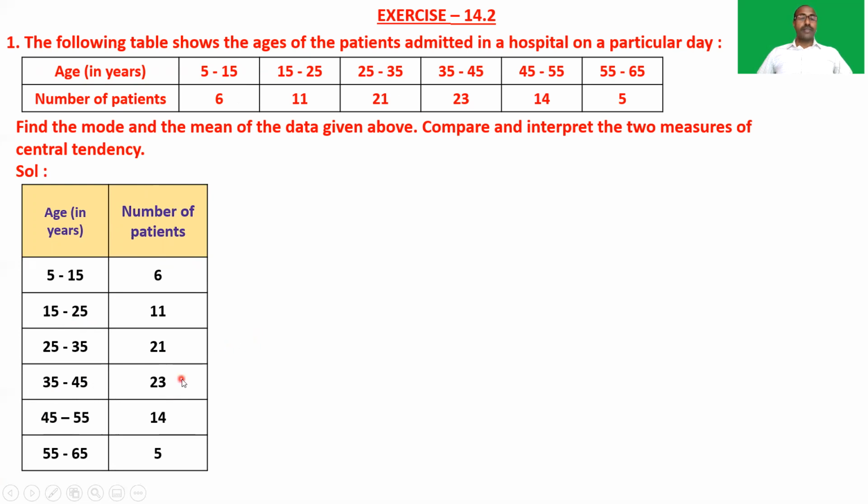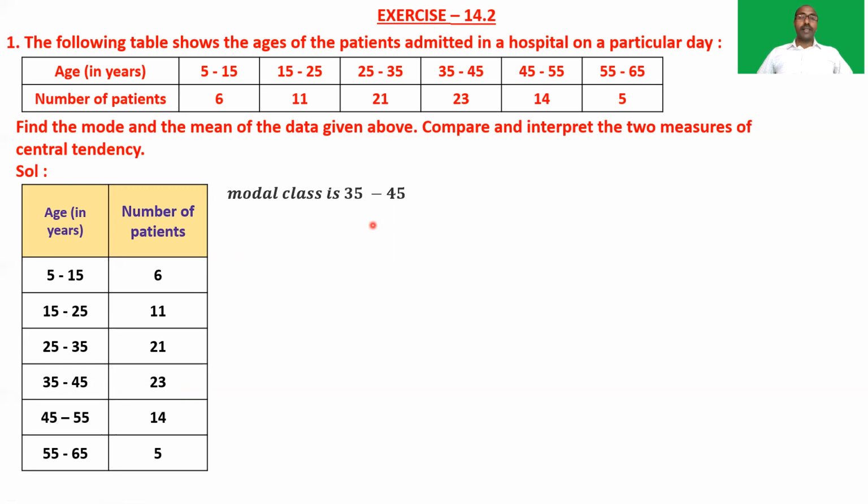In this table, the maximum frequency is 23, so the class containing the maximum frequency, 35 to 45, is the modal class.